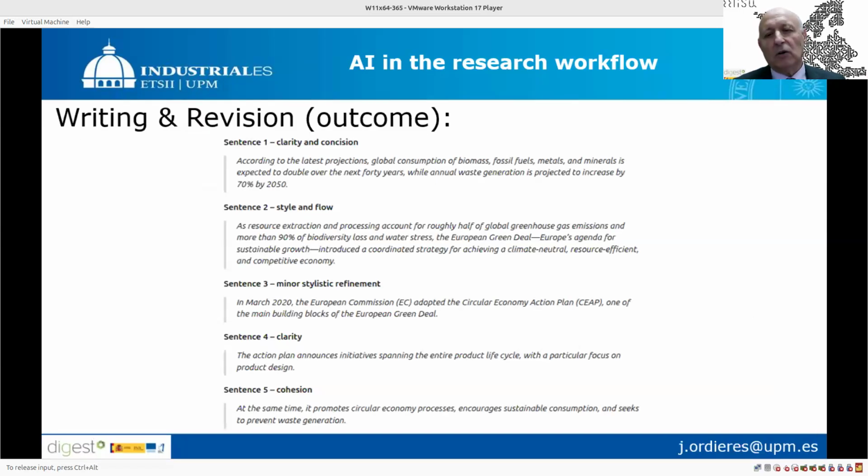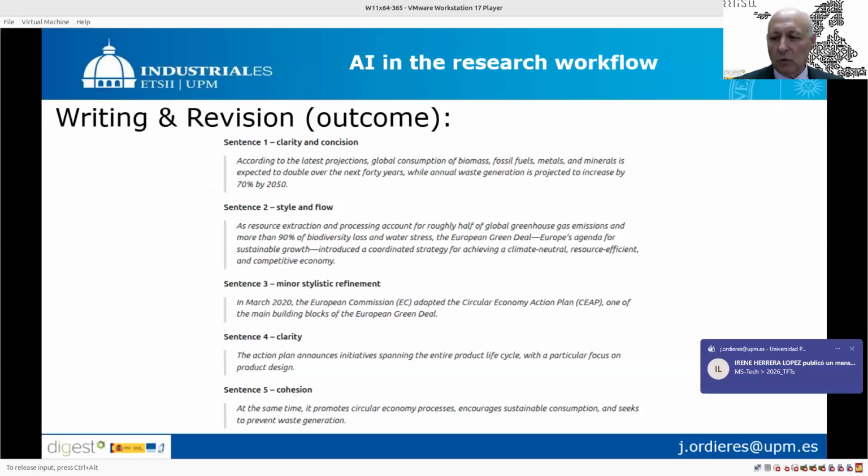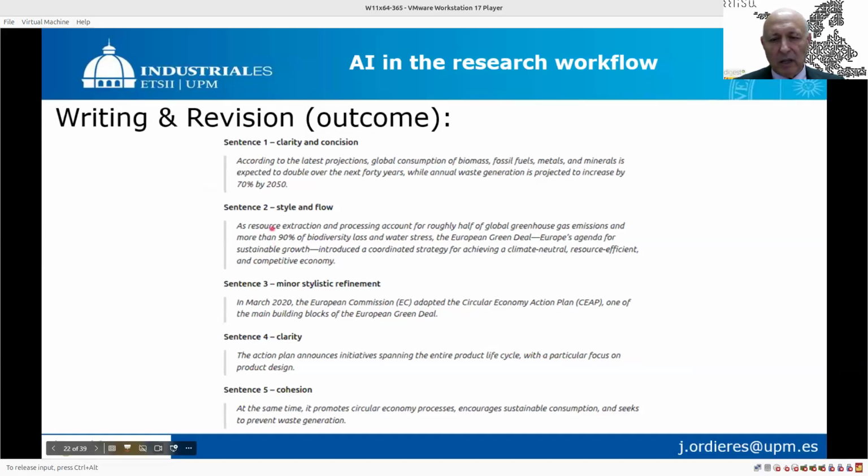Then the answer is, okay, for sentence 1, there is an issue with clarity and concision, then I suggest this. For sentence 2, there is an issue with style and flow.